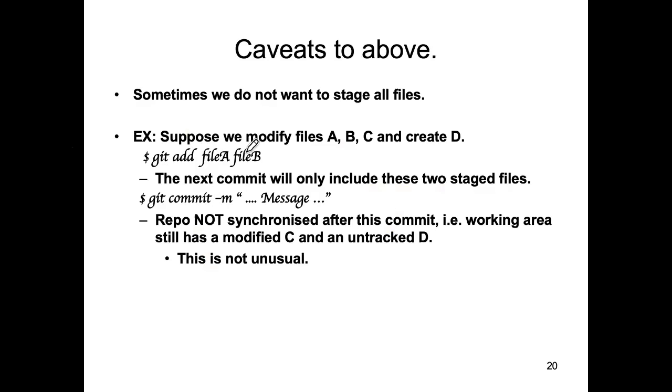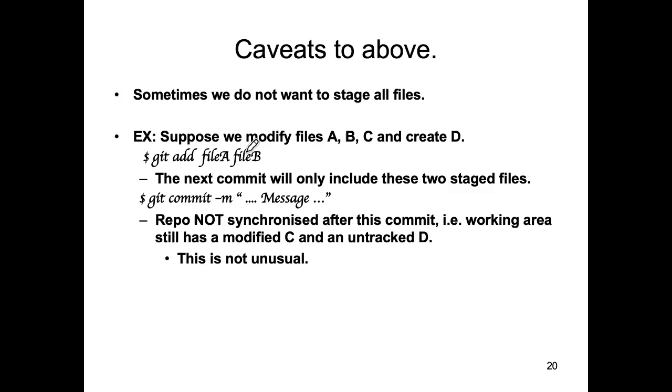You don't. So if you can imagine, I am working on my project and I'm making changes to various files. I may be carrying out two tasks simultaneously. I've completed one of the tasks, but the other task I haven't completed yet. So the edits that I would have made to files related to the second task, I probably don't want to stage and commit yet because they're incomplete.